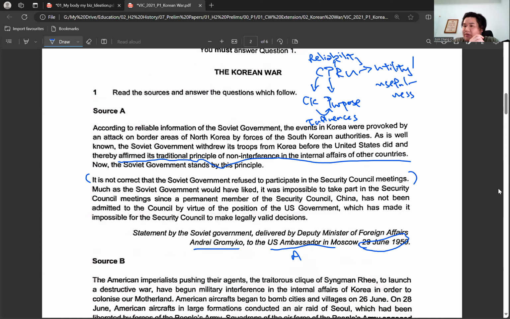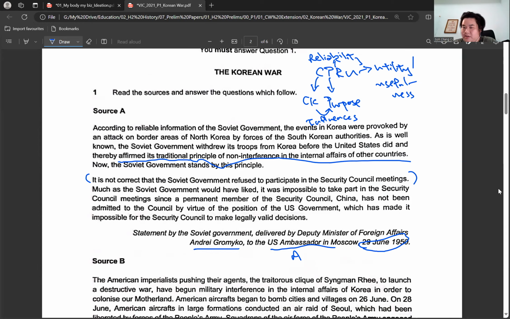And in terms of usefulness, obviously, if you just base the usefulness on the reliability alone, it's not useful. But at the same time, we can also understand that this source is useful insofar as understanding the Soviet approach to their foreign policy when it comes to any of these proxy conflicts.